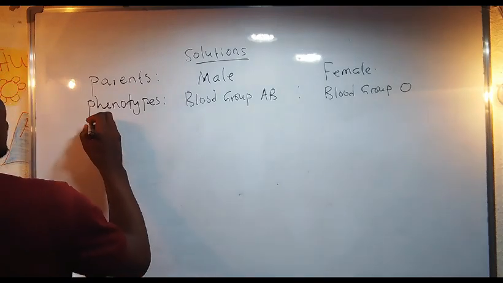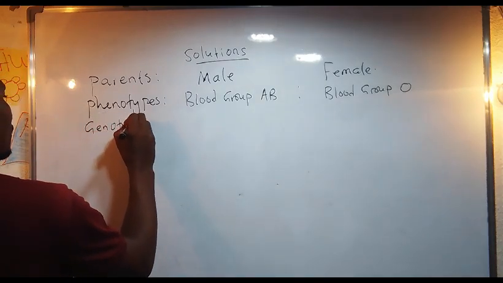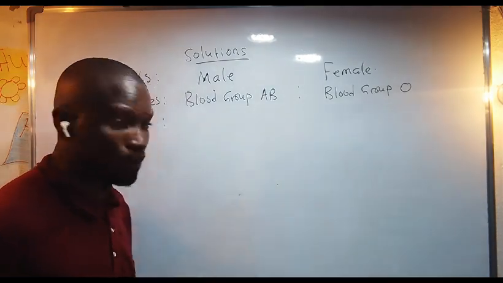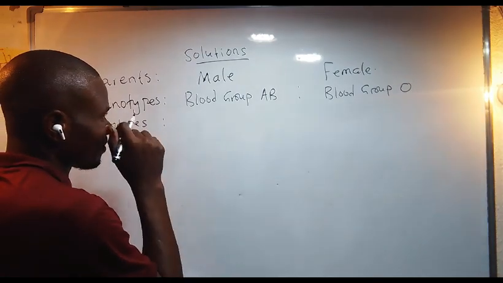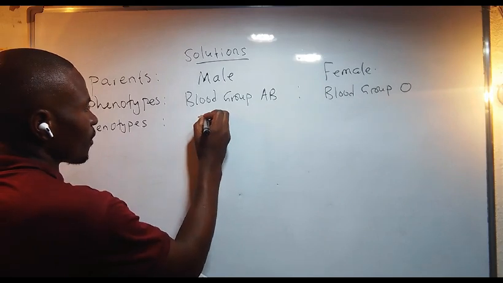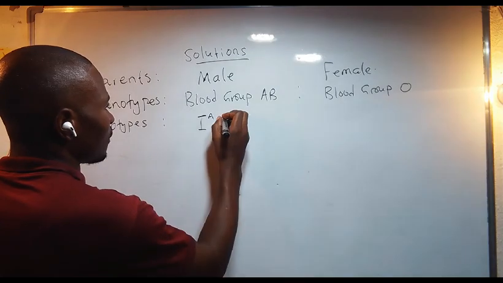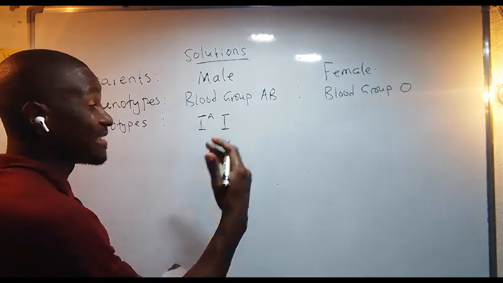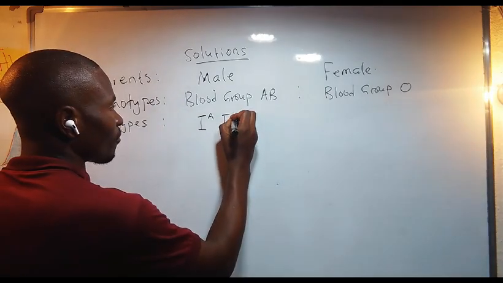And then we are now going to have the genotype. The blood group can be expressed like this. So we are now expressing it in terms of the genotype.